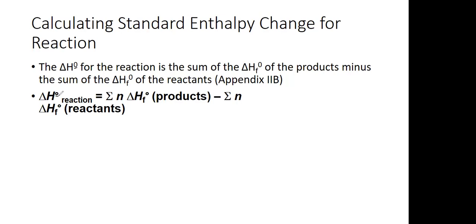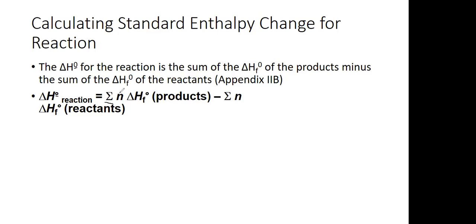And to calculate how enthalpy changes during a reaction, we do the sum of, so remember in math, this capital sigma just means add everything together that comes after this.